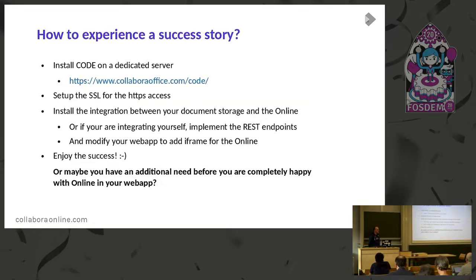It's mandated by the protocol that we are using, but it's also good for security in general. And then either you can install an existing integration between your document storage and online, or you can modify your web application and write this integration yourself. And then that's all. You can enjoy the success.